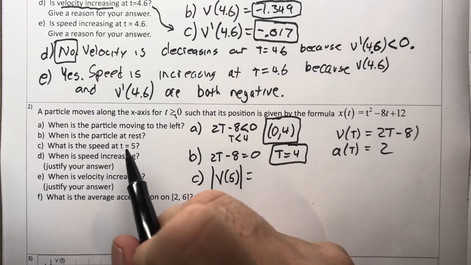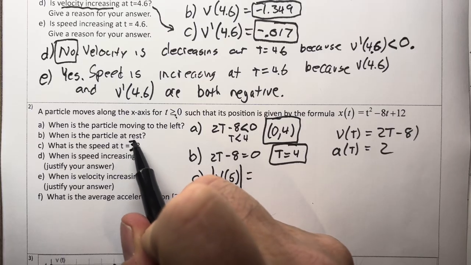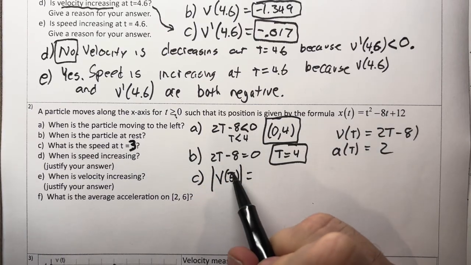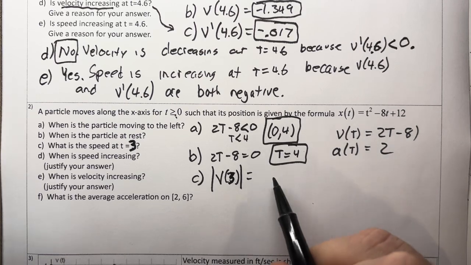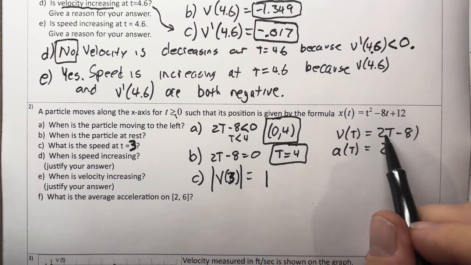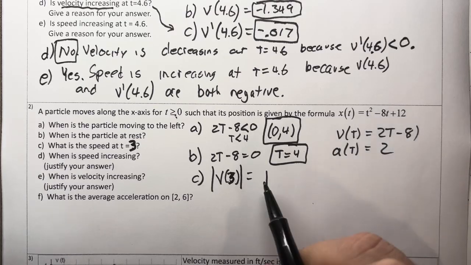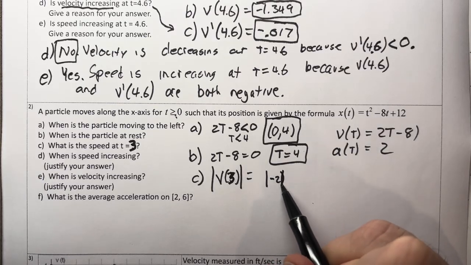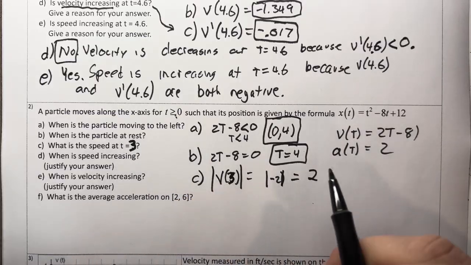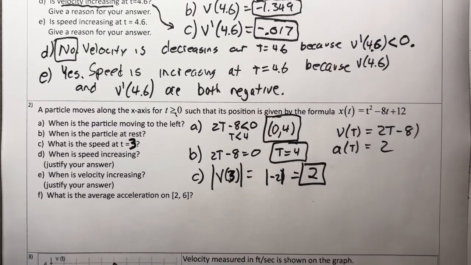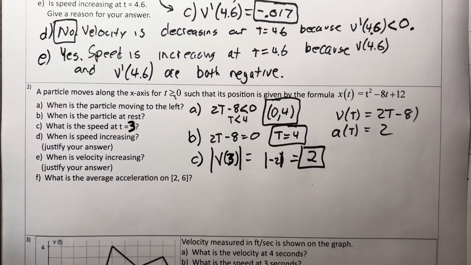I'm going to change this to a 3 to make a point here. The absolute value of velocity at 3: if I plug 3 into the velocity function, I'll get negative 2. And so we'll give just 2. And I don't see any units. The next one will have units at least.